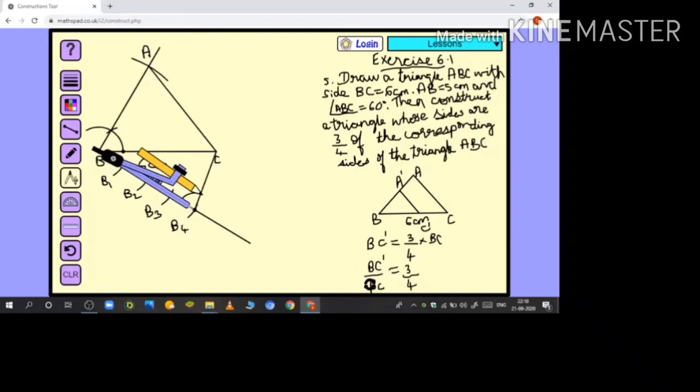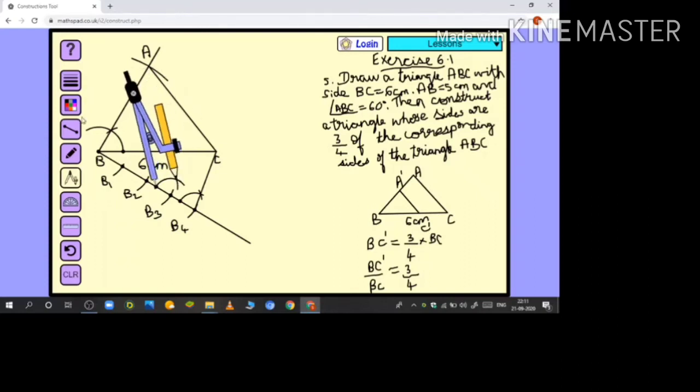Step 7. Taking B4 as center, cut an arc with convenient radius. Keep B3 as center and cut an arc. Step 8. Take the arc length by adjusting the compass and, without changing the compass length, cut the initially cut arc where B3 is formed.